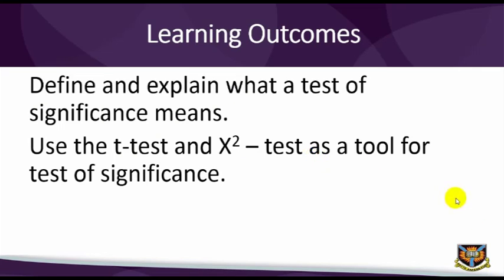Pretest. 1. The t-test is a useful test for difference of means. It is usually employed when the sample size is A. less than 30, B. greater than 30, C. less than 100, D. greater than 100. 2.